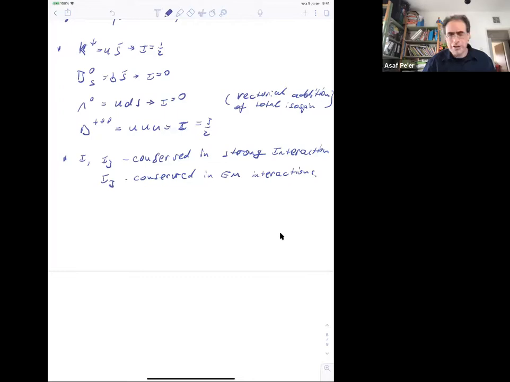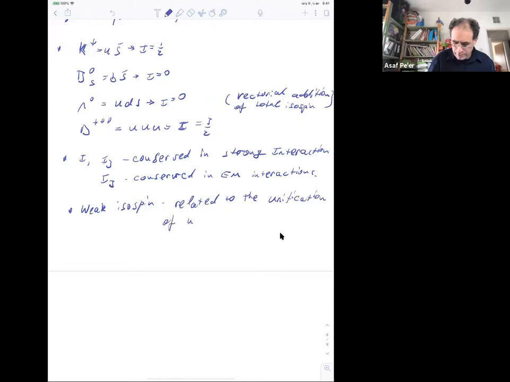I only mention it so that you might know it if you read it in a textbook and you don't get confused. Again, it's got nothing to do with the isospin we're discussing here right now.